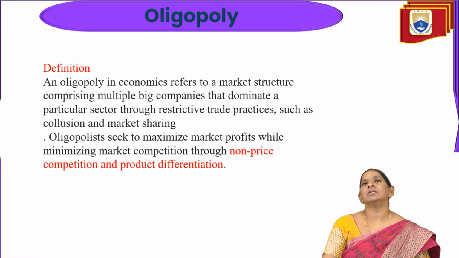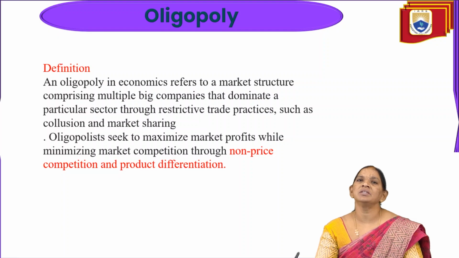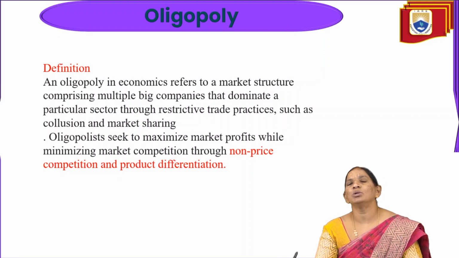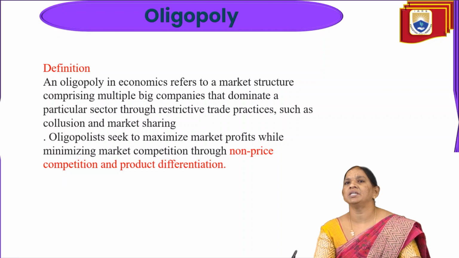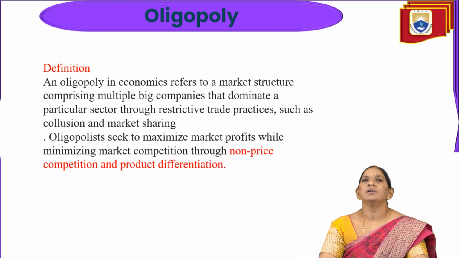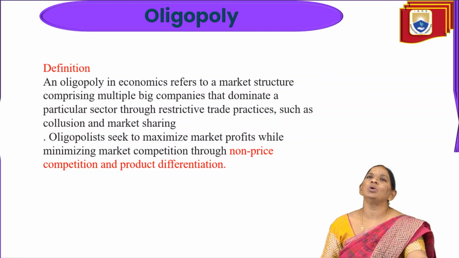We will see what this oligopoly market structure is, with the definition, key points, nature, and also the various factors or determinants of oligopoly, and in the same way the price and output determination in case of oligopoly, with examples.